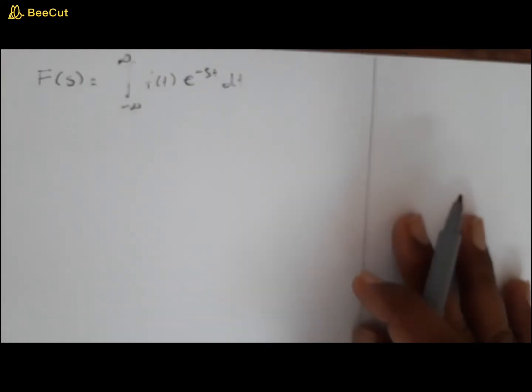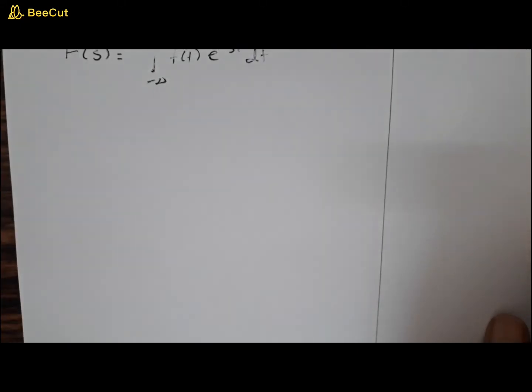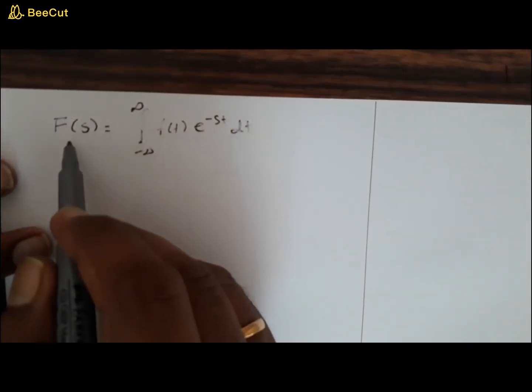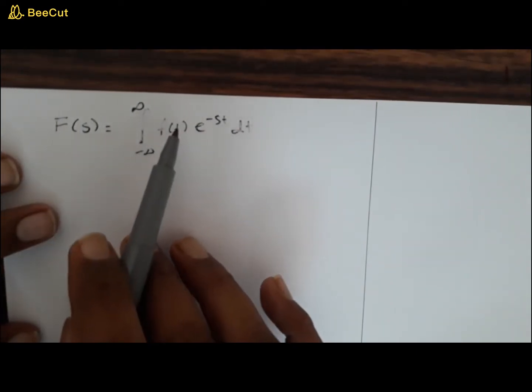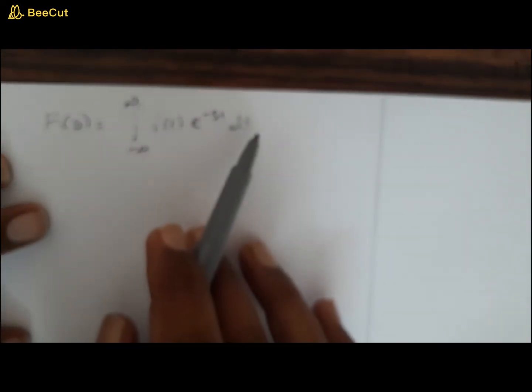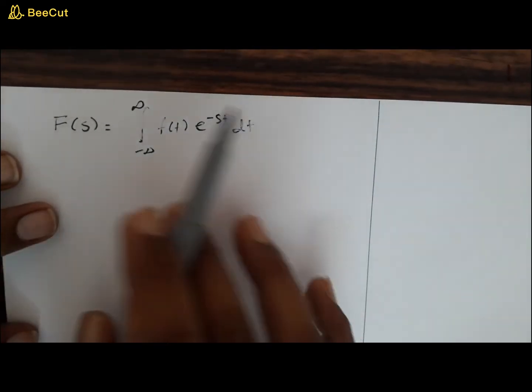Now let's move on: after studying the concept of ROC, region of convergence, let's try to do some problems of Laplace transform. This is the expression that we use for finding the Laplace transform. All these things we have dealt with in our S3 course and network theory, but nothing was done for finding the existence of Laplace transform.